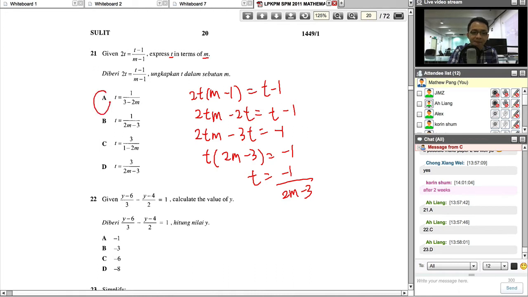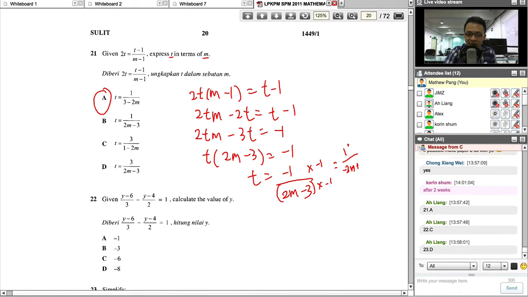A. Last week a student asked me how to change this one to this one. Actually it's quite simple. You just multiply negative 1 for both. Multiplying negative 1 by negative 1 gives positive 1. Then 2m multiplied by negative 1 gives negative 2m, and negative 1 multiplied by negative 3 gives positive 3.